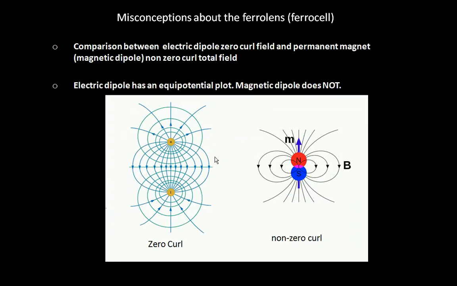Now we clarified what an equipotential plot means, and it applies only to monopole charge fields. Now we compare an electric dipole field with a magnetic dipole.